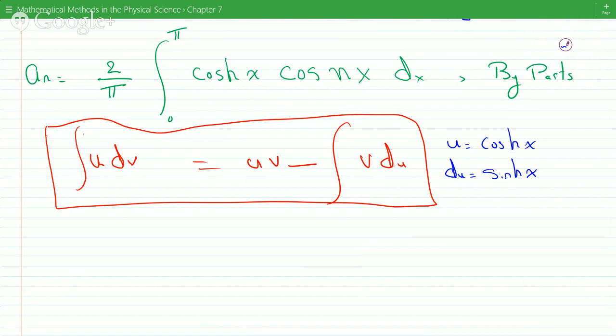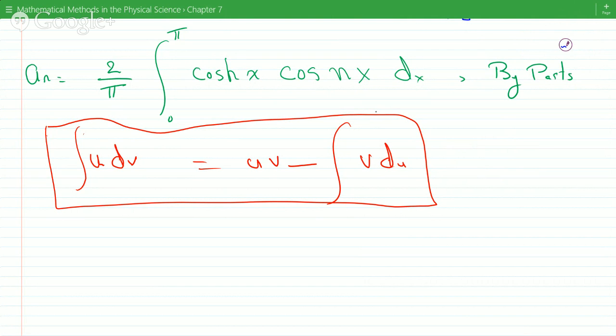Would it be negative? No, there are no negatives in the hyperbolics. It's always positive. And maybe it was a better idea to call the other one u, so we don't have to divide by n. No, but then it would start repeating though. Regardless, they'll both repeat. Doesn't matter.